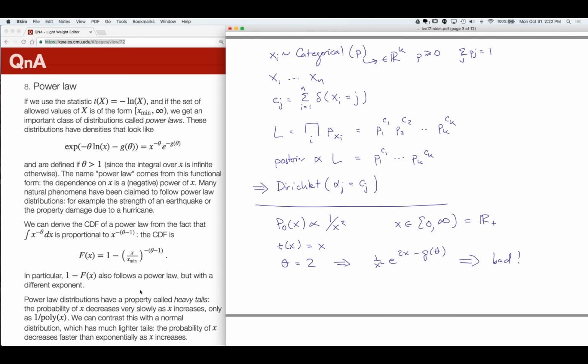So there's a particular type of distribution that turns out to be important to mention, which is the power law distributions.